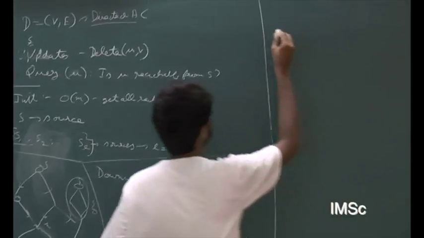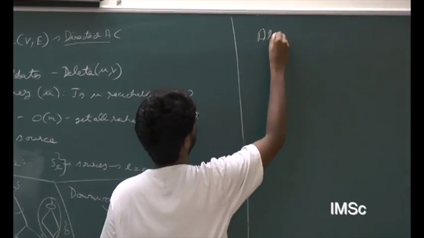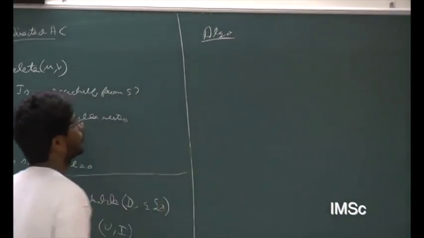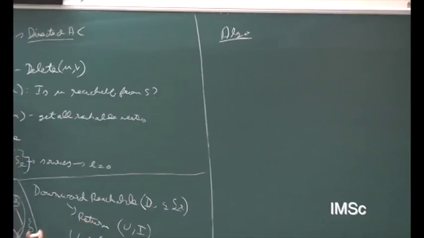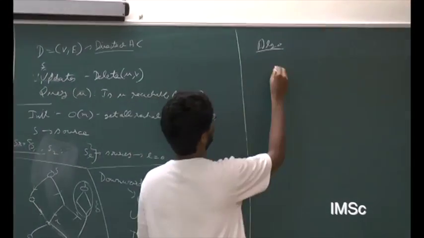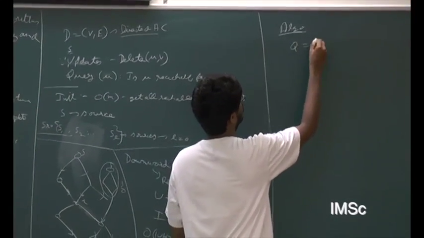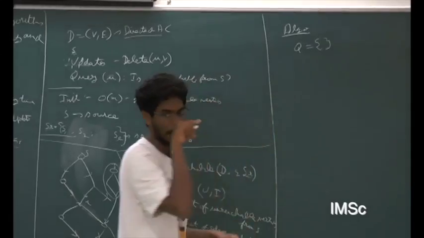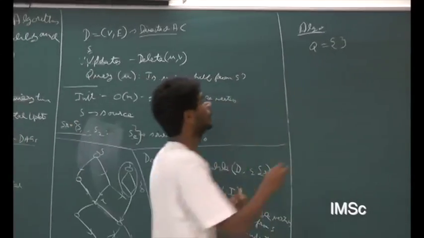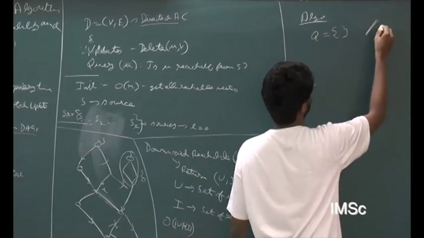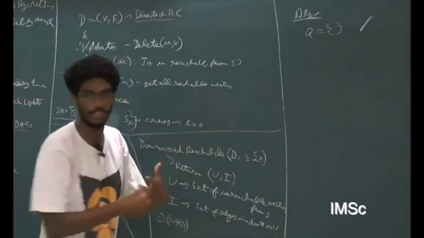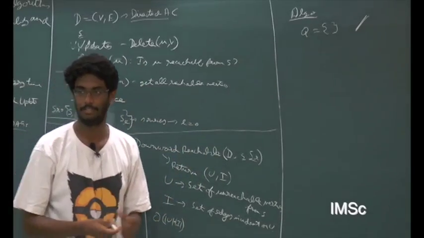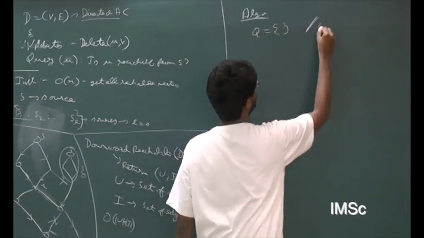So the algorithm is as follows. You have a kind of a queue or a set, it doesn't matter. The invariant will be that this queue will contain all the sources of the current graph.